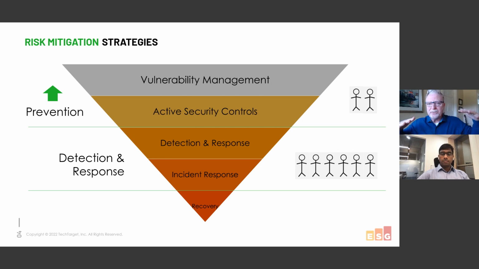So the scales have sort of tipped. For a long time, we were super focused on prevention, and we're gonna shrink the amount of attacks that get through, and only a very, very small number would make it through, and then we'd have less effort to spend on detection and response activities.